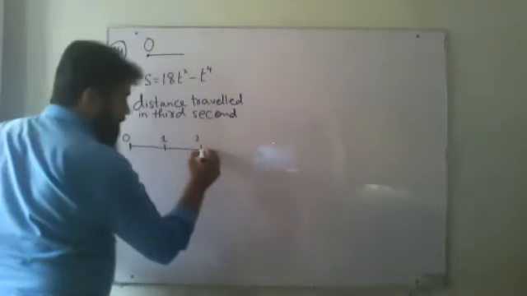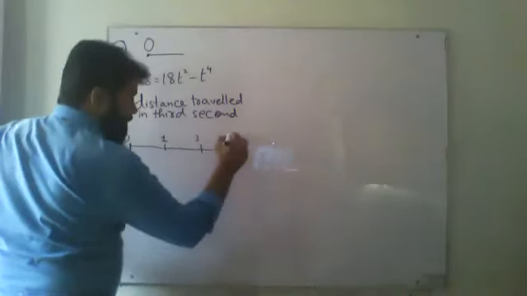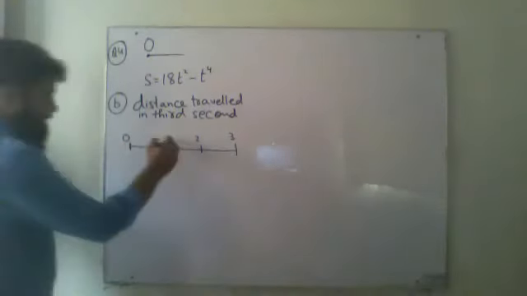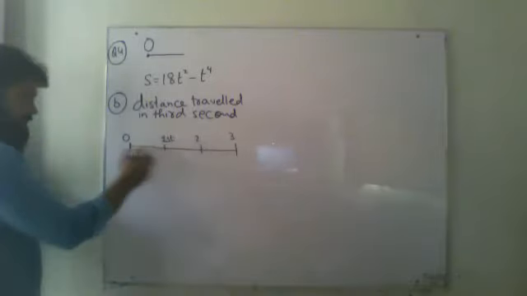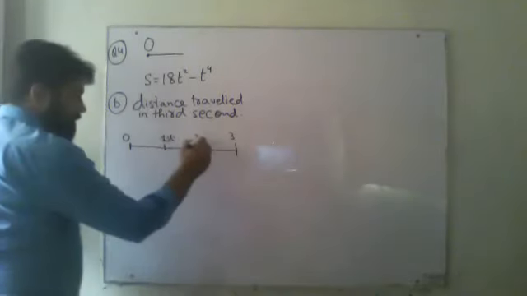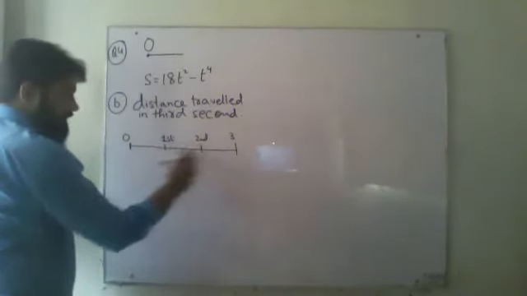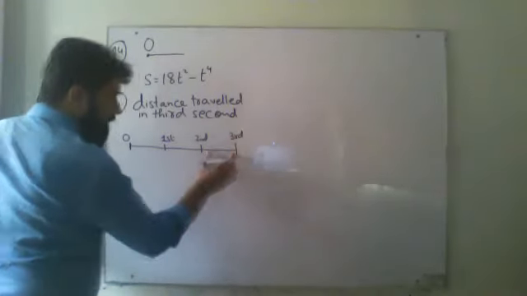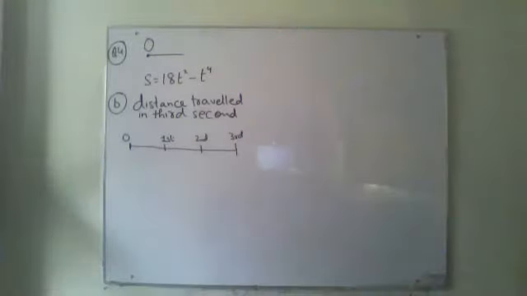This is your third second of travel. This is the distance covered in the first second, this is the distance covered in the second, and this is the distance covered in the third second.